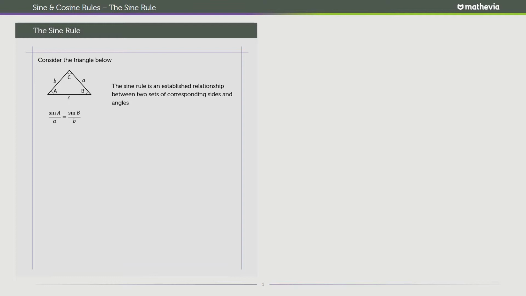So if you're ever given the angle A and the side a and the angle B, and you're looking to find the length of the side b, you would apply this formula, okay?